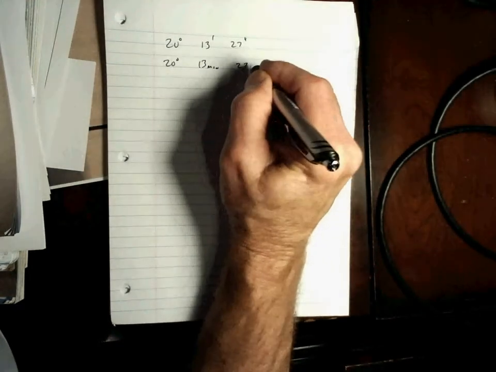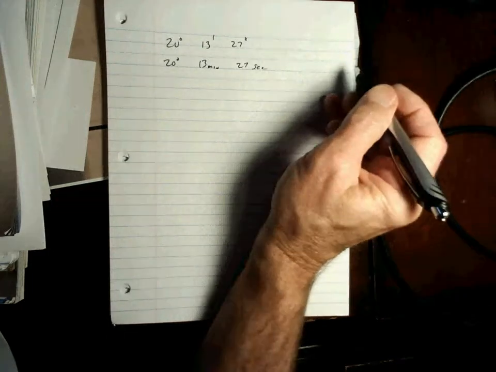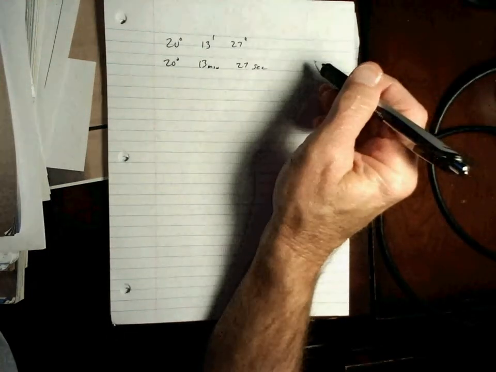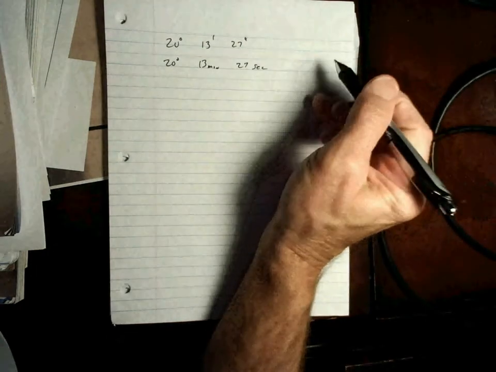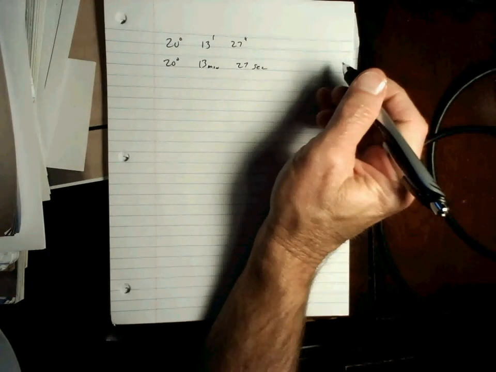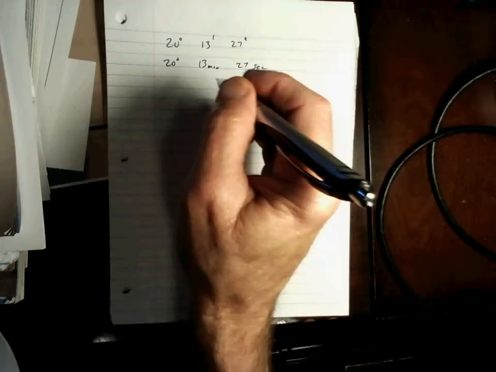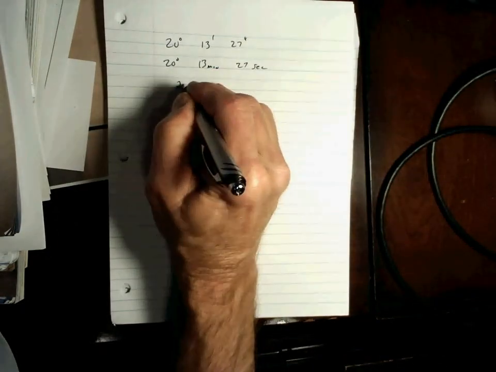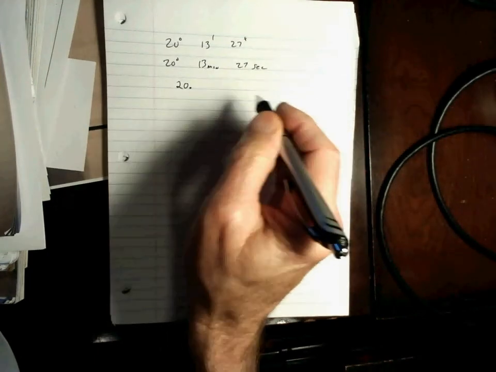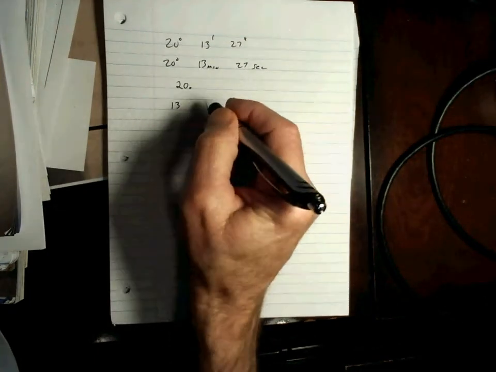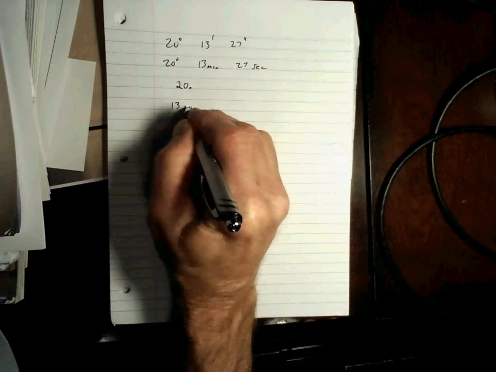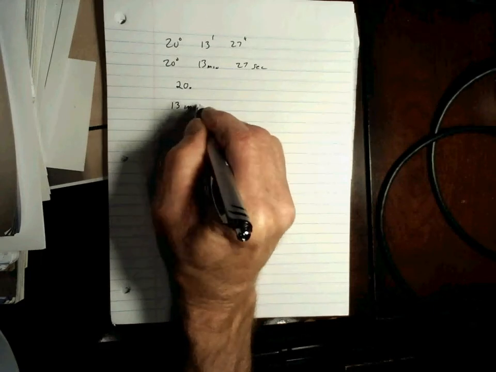Just getting the notation, the double hash marks indicate seconds and the single hash mark indicates minutes. So I know my answer is going to be 20 point something degrees, so the 13 minutes I'm going to have to convert back to a portion of a degree.